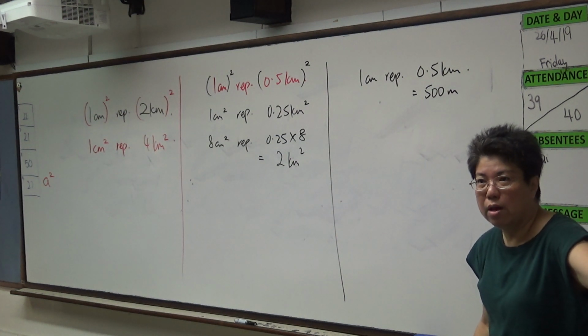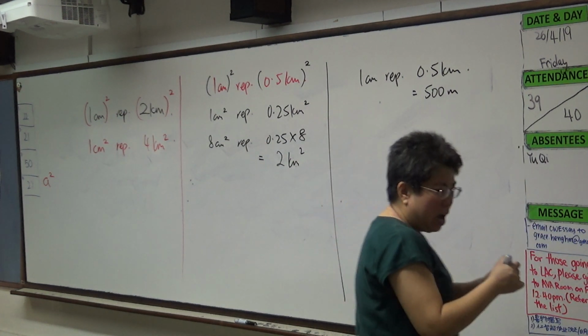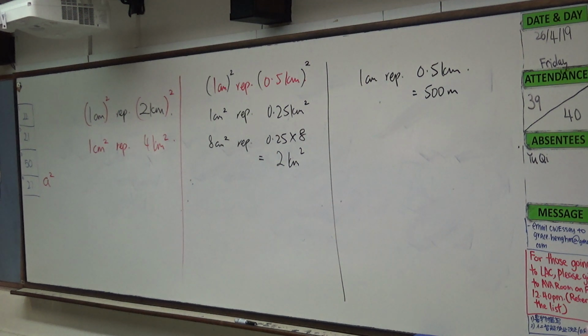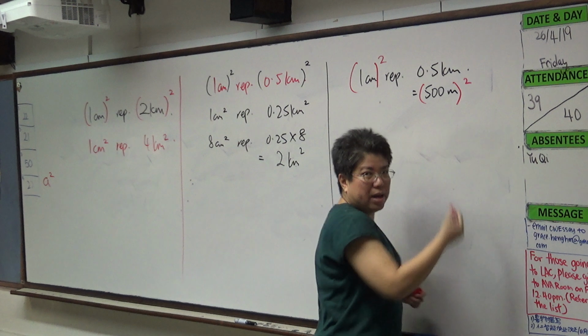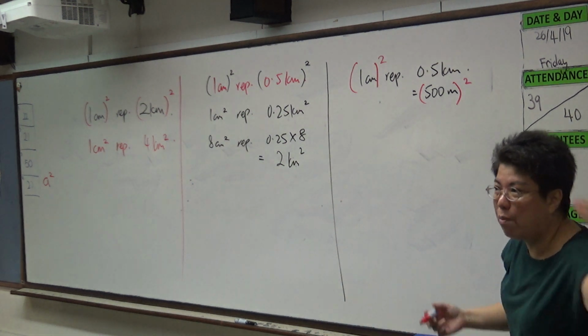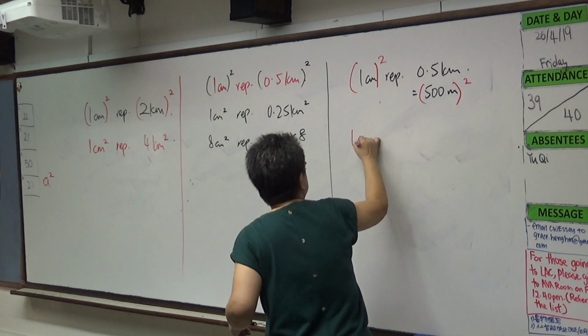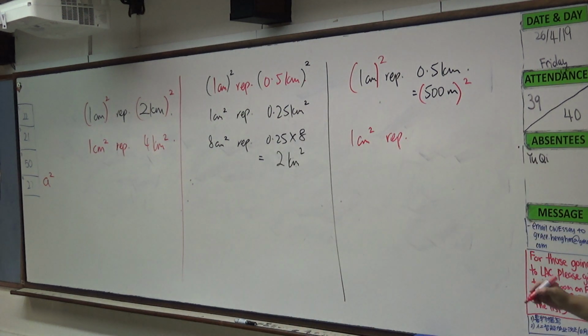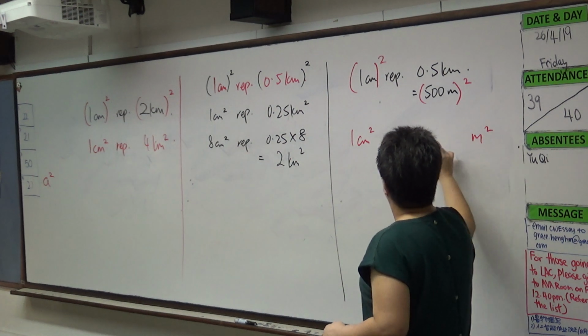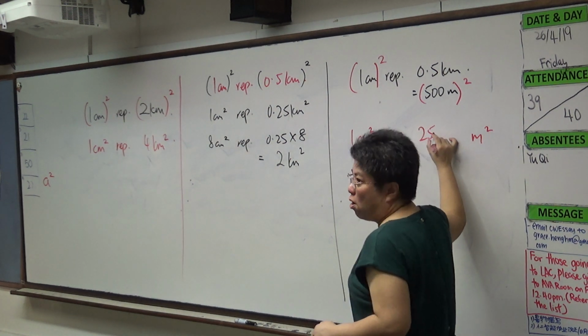Sorry, meter square. Okay, so now I'm going to square both sides. I will square this and I will square this, right? Same thing. So what will happen? Tell me. 1 cm square will represent what? How many meters square? 500 times 500, that is 250,000.